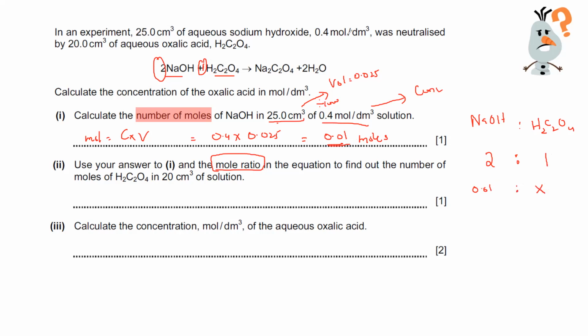X. So we cross multiply, and this will be 2x equals 0.01. We need x, so x equals 0.01 divided by 2, so x equals 0.005 moles of oxalic acid. Is the second part clear, getting the moles of oxalic acid?